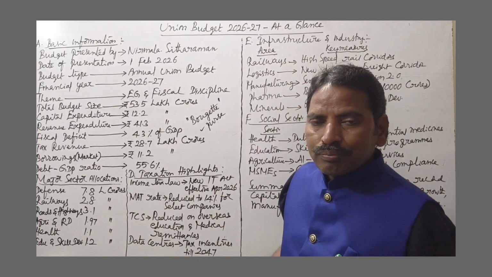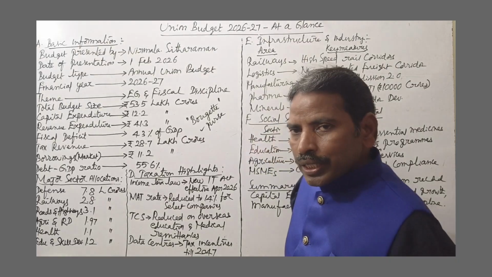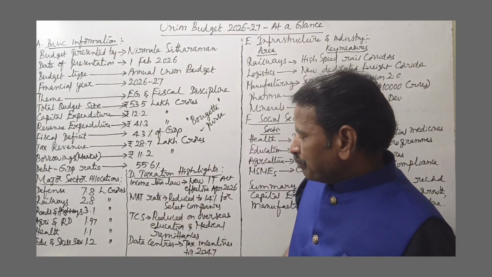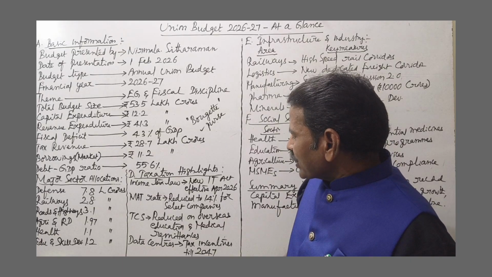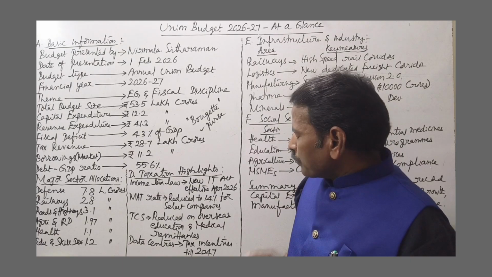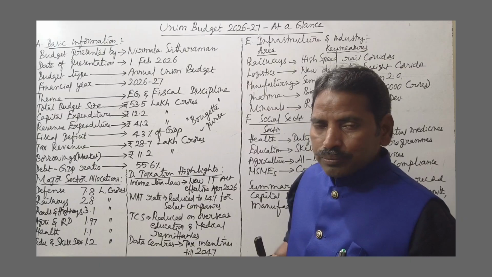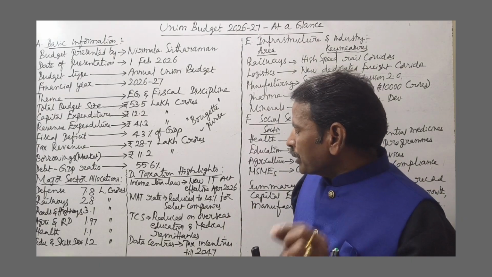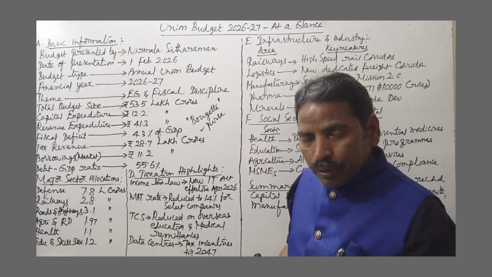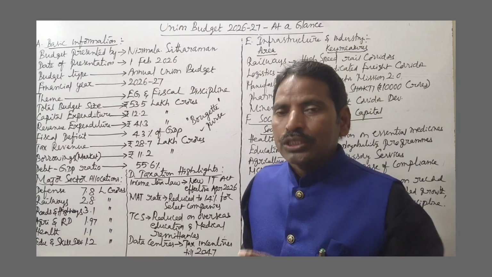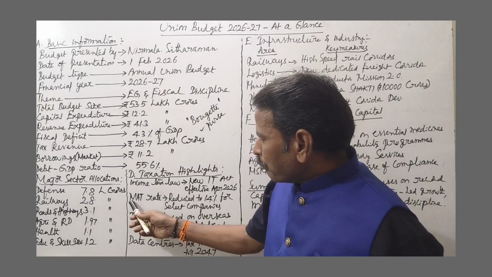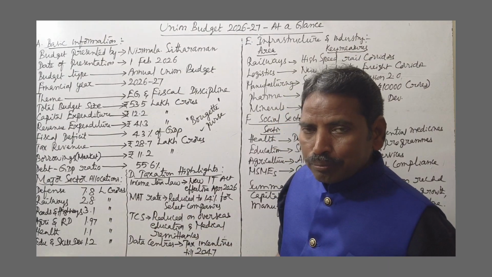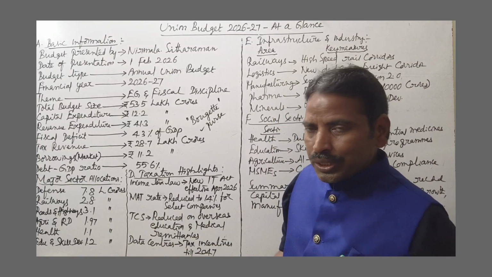Next, D. Taxation highlights. The taxation highlights are: income tax law, the new Income Tax Act commences from April 2026. Second, MAT rate, minimum alternative tax rate.